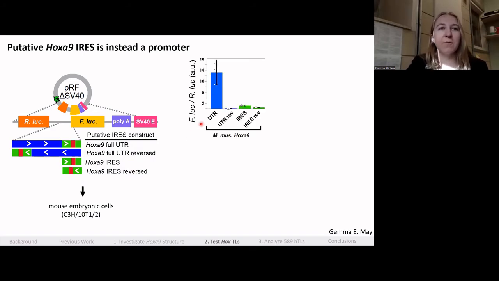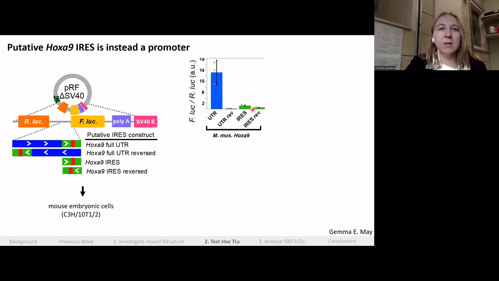Then, measuring the F-Luc to R-Luc activity, we saw significant F-Luc activity in the transcript leader and in the IRES, even though the SV40 promoter was deleted. So this shows that there was independent promoter activity in the transcript leader we tested.